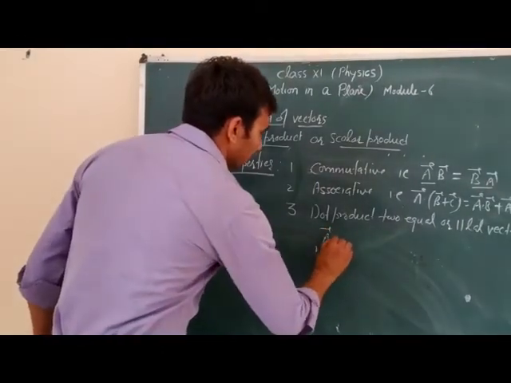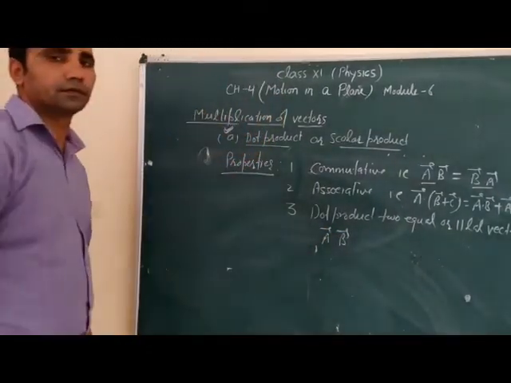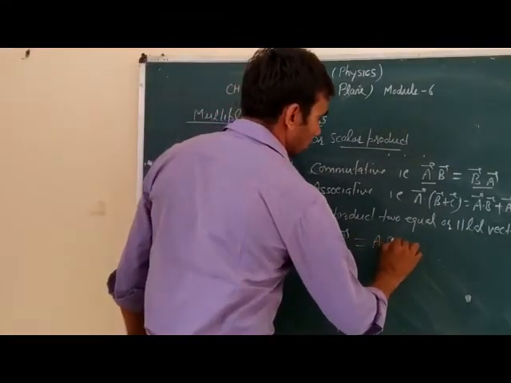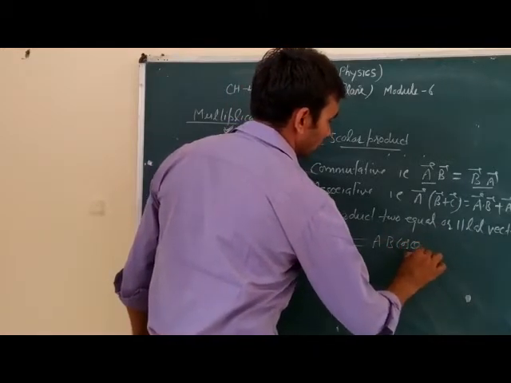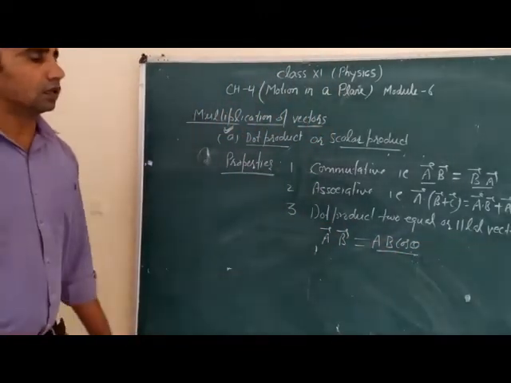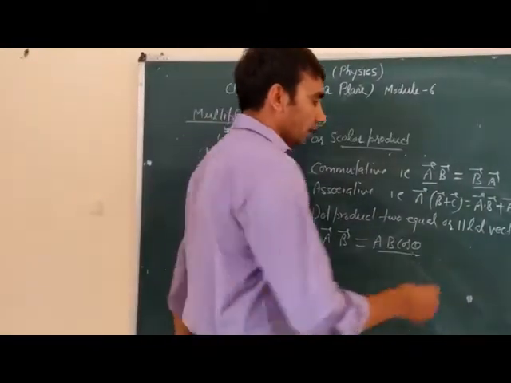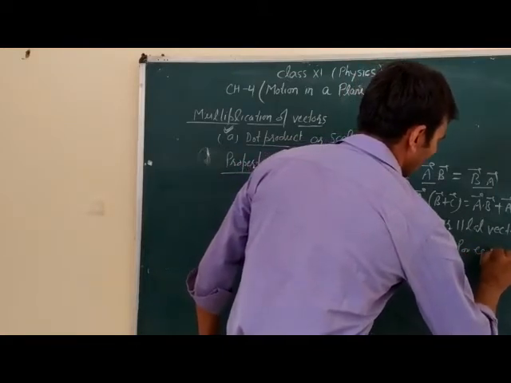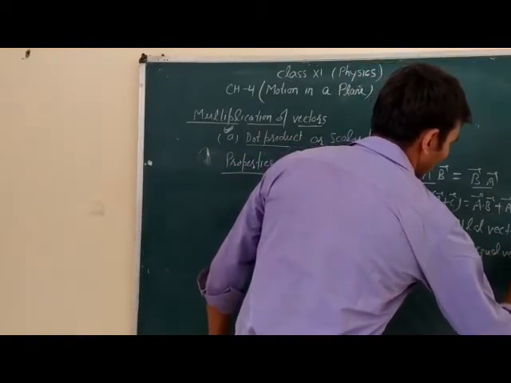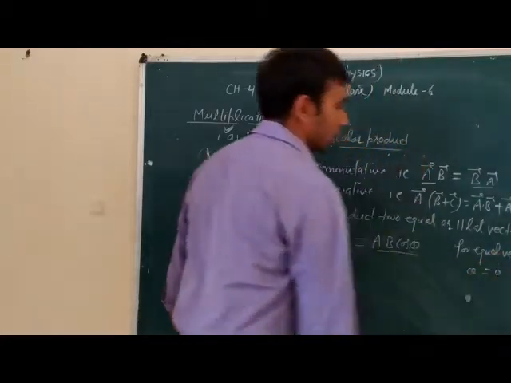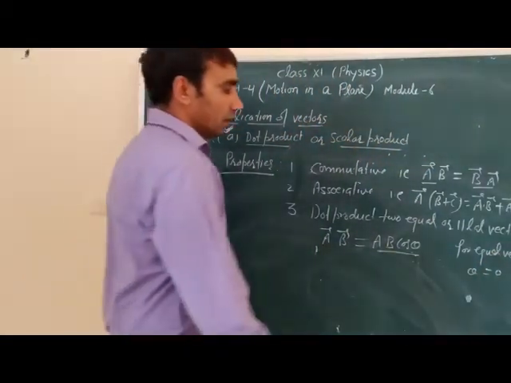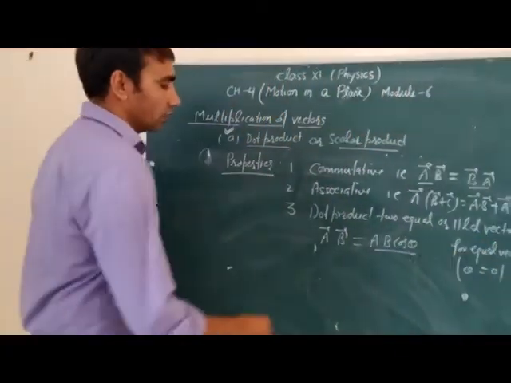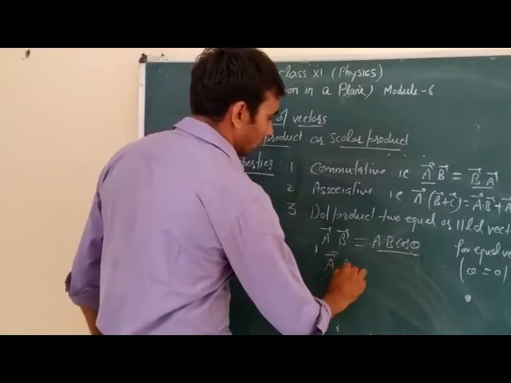A dot B is equal to magnitude of vector A, magnitude of vector B, cosine of the smaller angle between them. The angle between two equal vectors is 0 degrees. For parallel vectors, theta is again 0 degrees. Now A dot B is equal to AB.